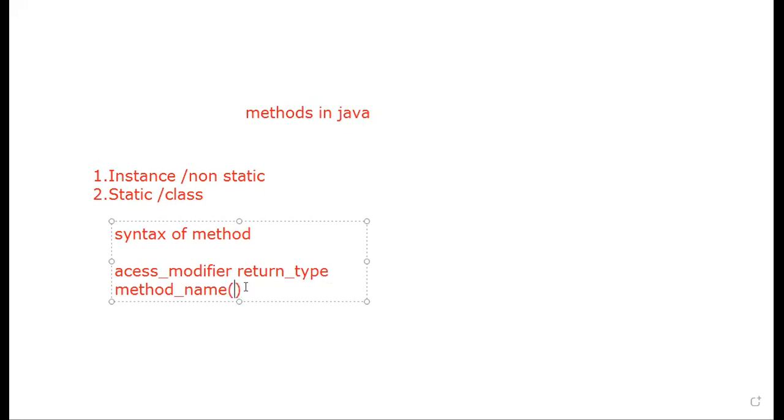In the parenthesis we pass the argument list, या तो हम इसे कह सकते हैं, we can say that parameter list.